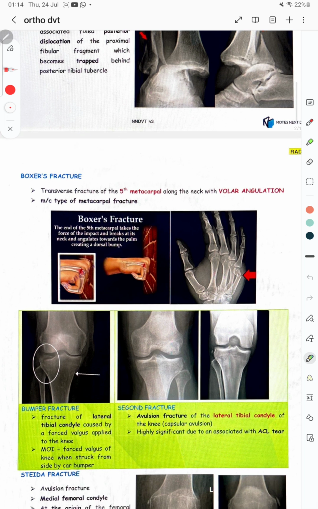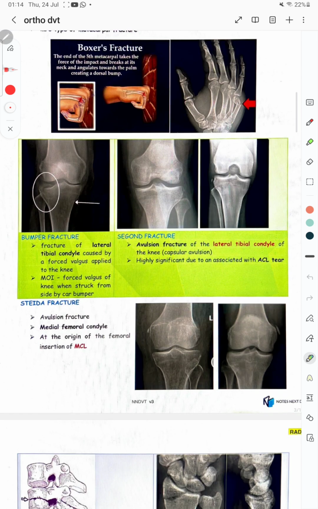What this image says, the end of the fifth metacarpal takes the force of impact which breaks the neck and it angulates towards the palm, and when it angulates towards the palm it creates a dorsal bump.